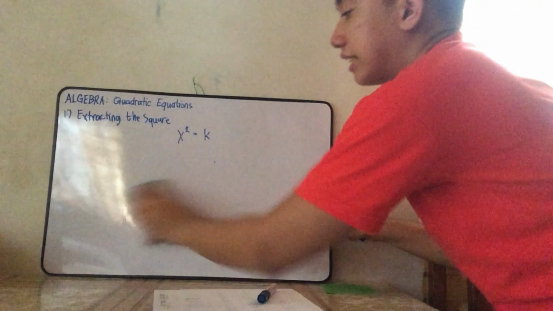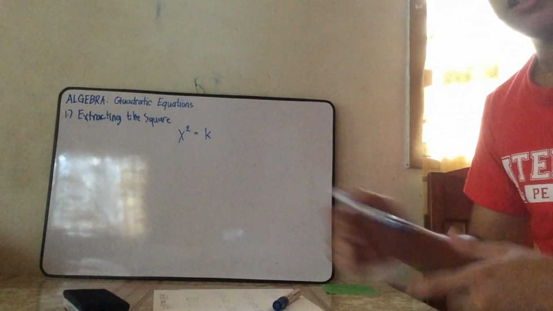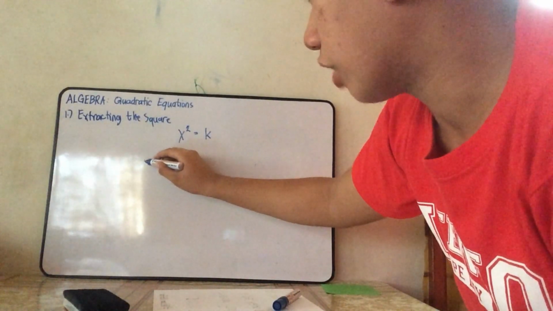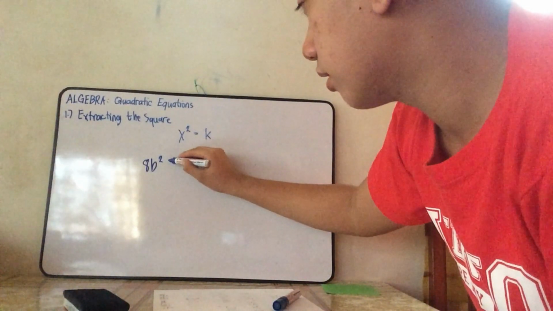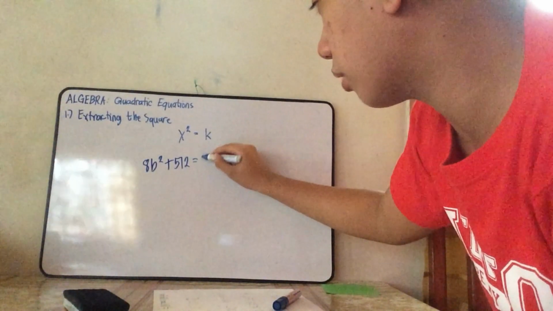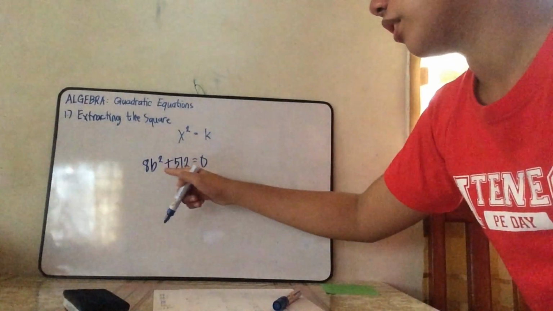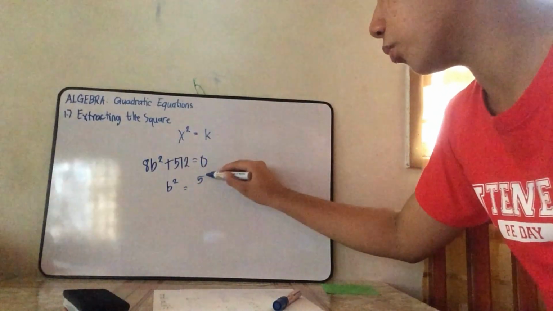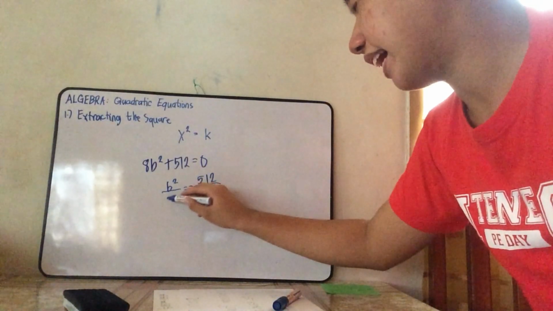Okay, I will give one more. This: 8b squared plus 512 is equal to 0. So, I will transpose the 512, so b squared is equal to negative 512 over 8.